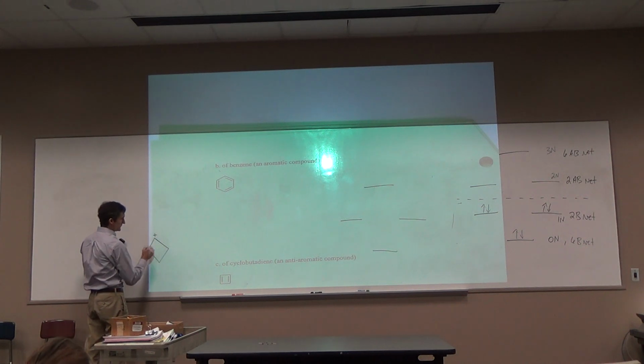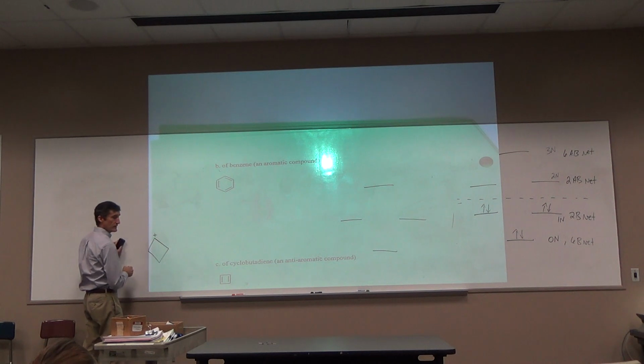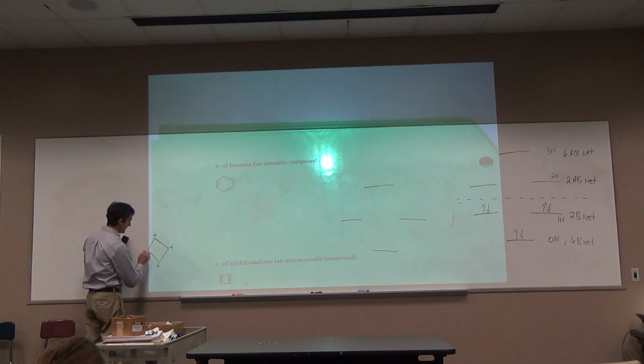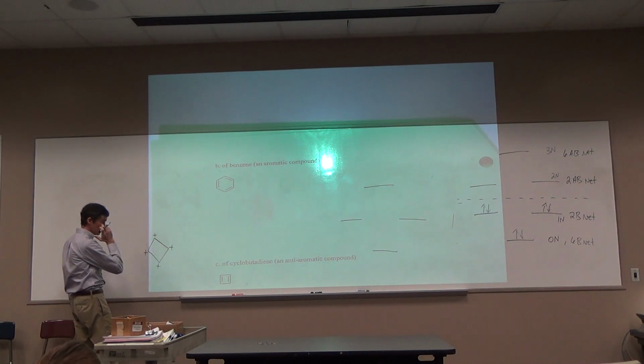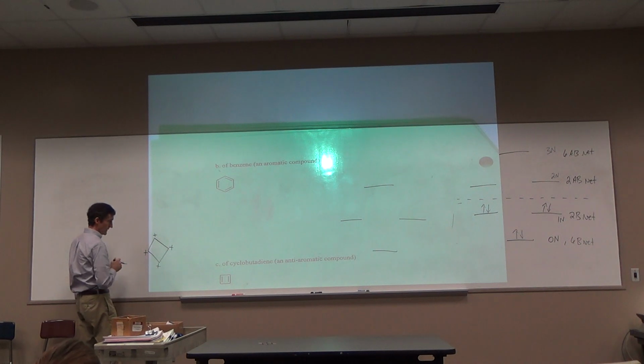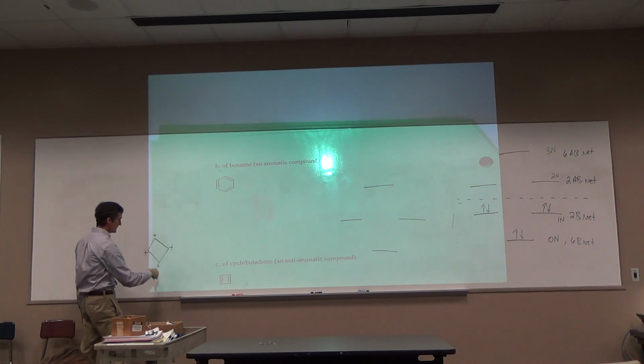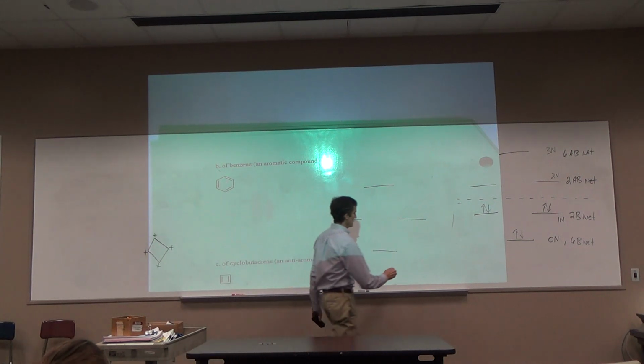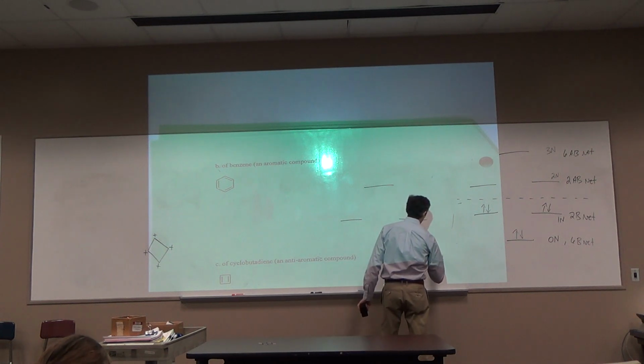If this is plus, how many nodes for the first one? 0. That'd be the interaction all the way around. And what's the net bonding here? 4 bonding. Yeah. 4 bonding net.